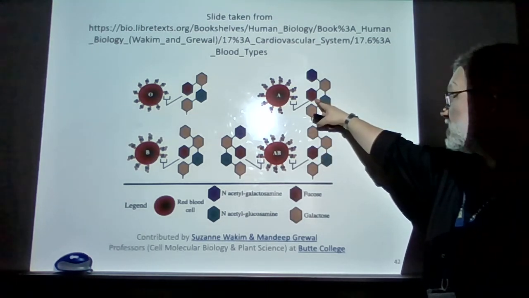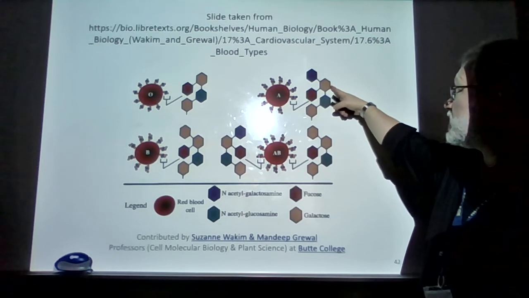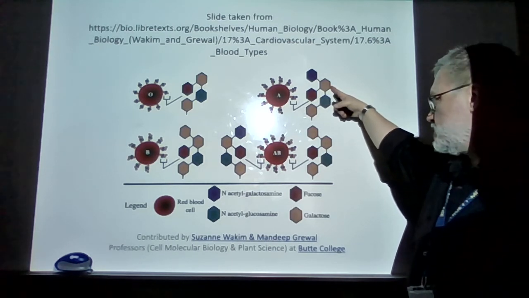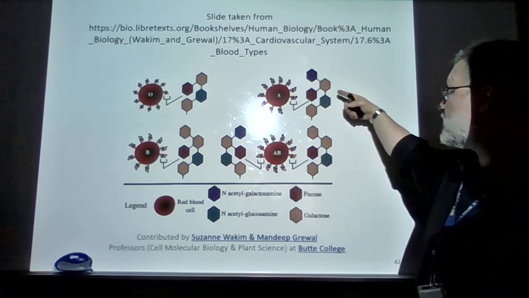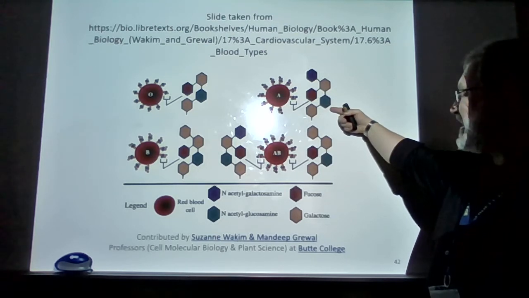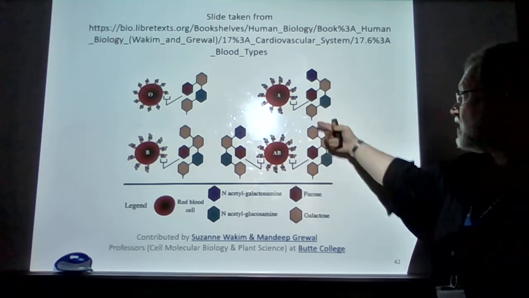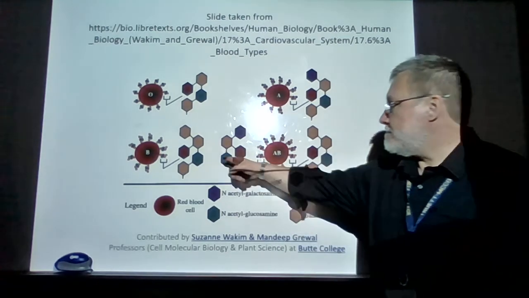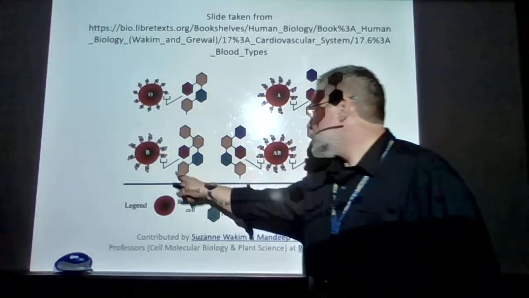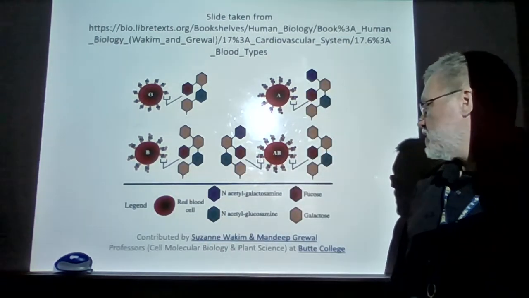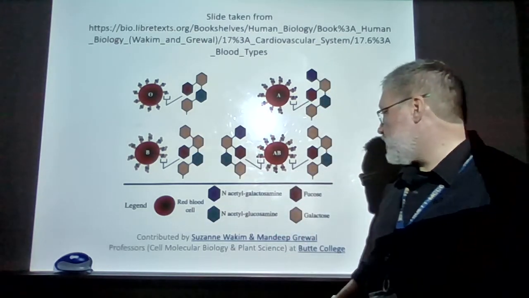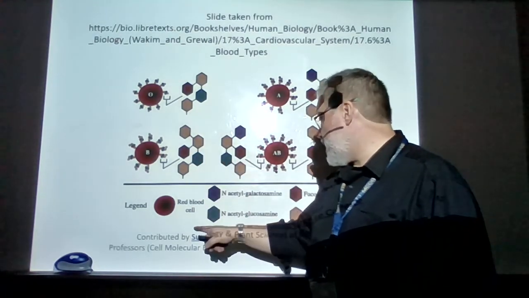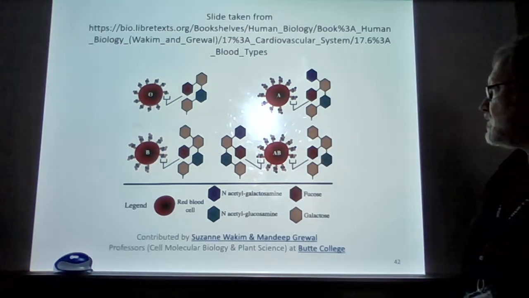A type: fucose, galactose, N-acetylgalactosamine, N-acetylglucosamine, and galactose. B type: fucose, galactose, N-acetylglucosamine, and galactose.